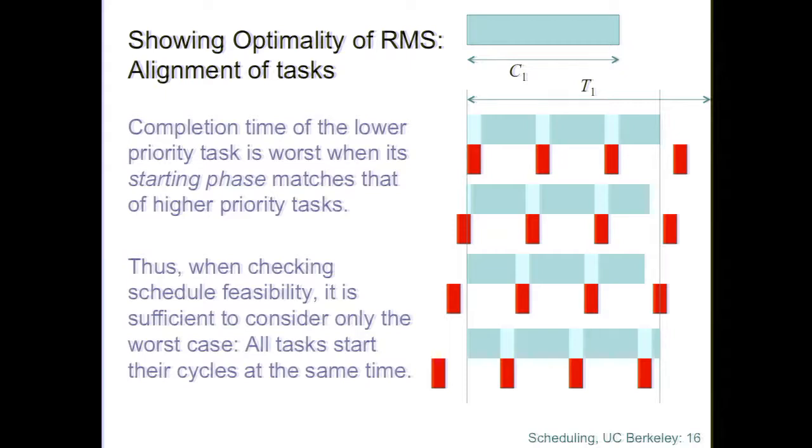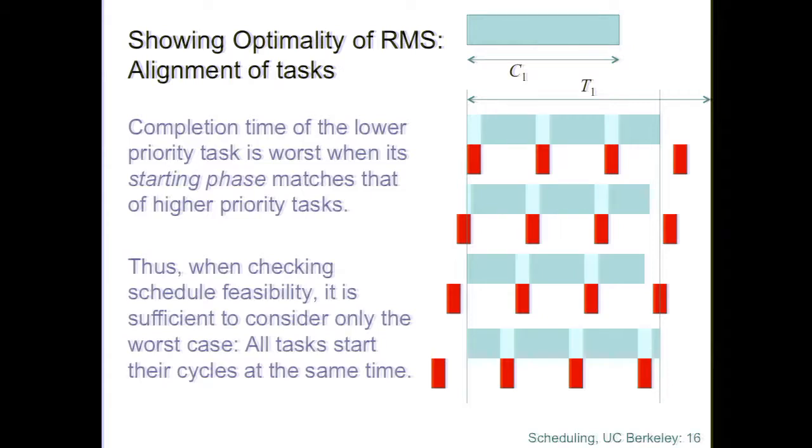If they're not perfectly aligned, it might be earlier. The blue could finish early. And even if they're not perfectly aligned, it might finish at the same time that it finished when they were perfectly aligned. But it's never worse than when they're perfectly aligned.